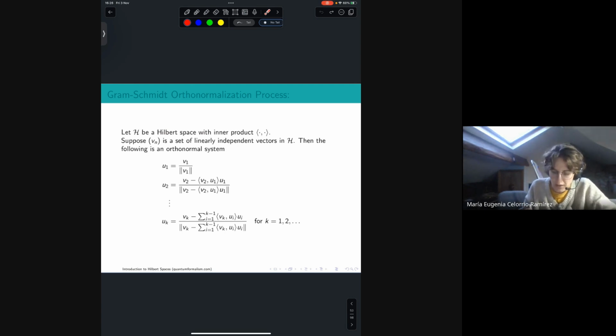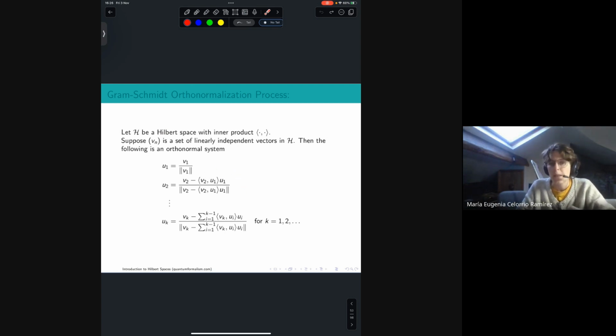And the way of doing that is to take out the projection on the vector u1, which is in the same direction as b1. So we said before that this was the coordinate. This is the whole projection. If we take this apart, we are going to get a vector that is orthogonal, and we just need to divide by the norm to get an orthonormal vector. So these two should be orthonormal now.